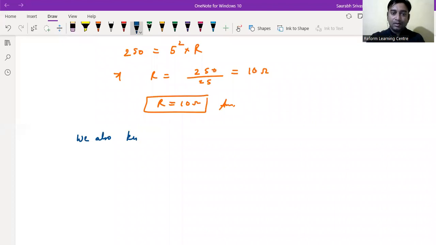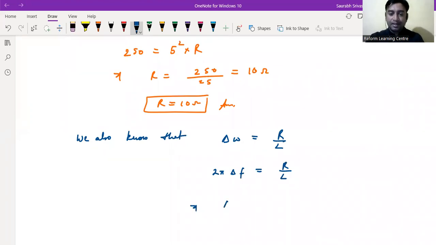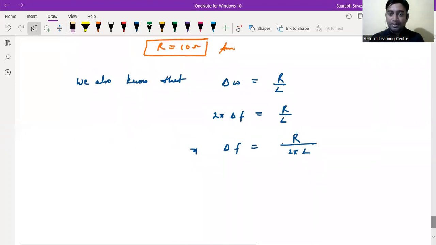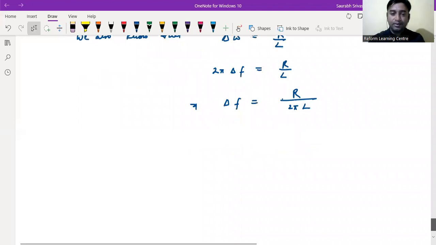Also know that what is delta omega? R by L. Delta omega is nothing but 2 pi delta F. So delta F is equal to R upon 2 pi L. In terms of hertz, what is delta F?